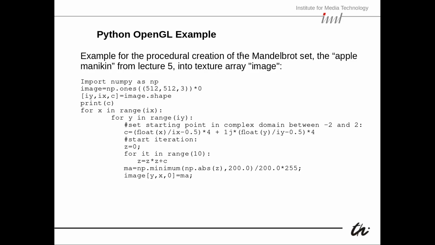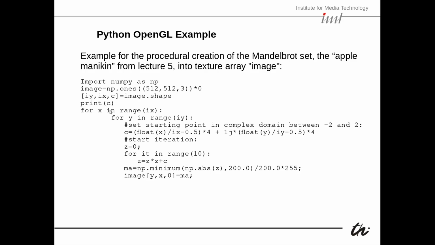Here's an example for the procedural creation, in this case of the Mandelbrot set, the apple mannequin from lecture 5, into texture array image. So here you can see I'm initializing the image with zeros, 512 by 512 by 3 primary colors. And this is then also given to the indices for the for loops.